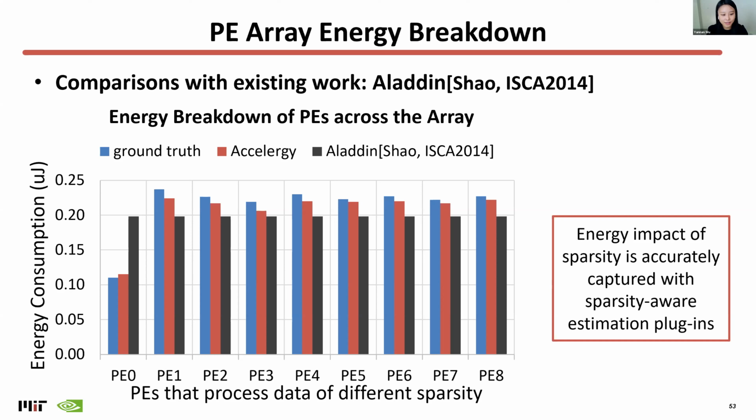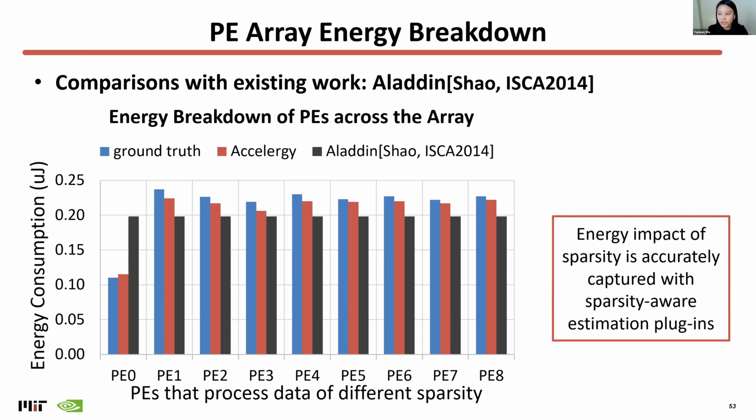As you can see, Accelergy is again able to capture the trend as well as the absolute energy consumption of these PEs. Aladdin, on the other hand, does not classify fine-grained action types, and therefore it will always say that the MAC computes a MAC operation instead of being aware of the fact that the MAC can actually be gated when it sees the zero gated data.